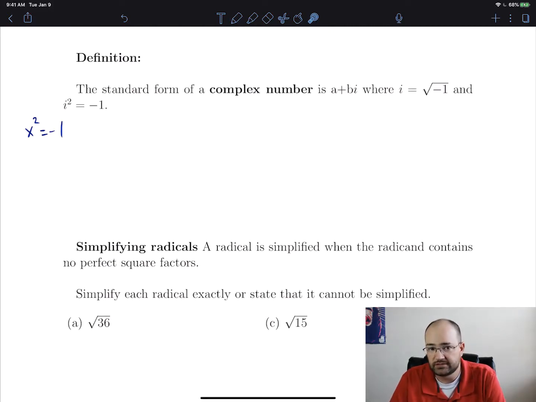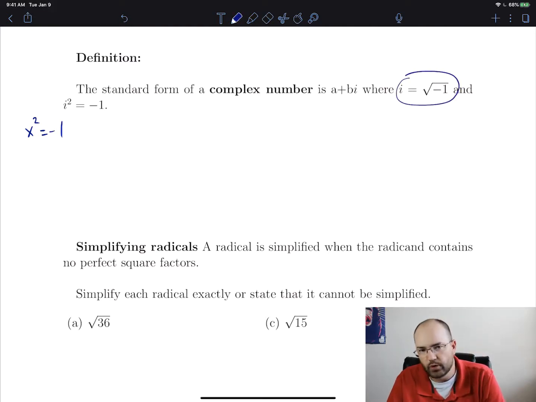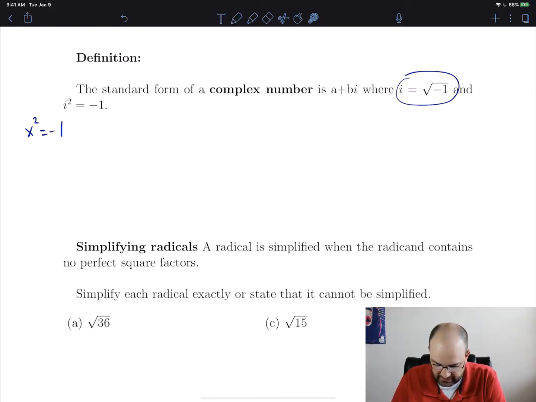So as a result, we have to ask ourselves, well, what can we do to actually solve this? And I forget exactly when it happened, but some crazy mathematician decided to say, well, let's define a variable i such that it's the square root of -1. And when you have that, if you plug that into this equation, and you say square root of -1 squared, the square root and square cancel each other, and you're just left with -1 over here, and that's equal to i squared.